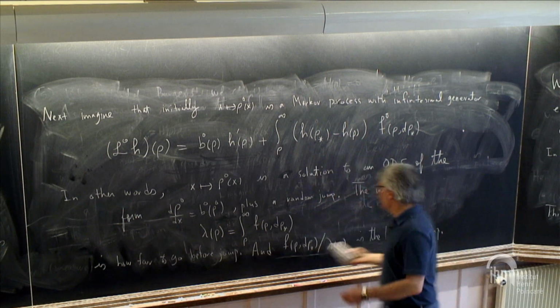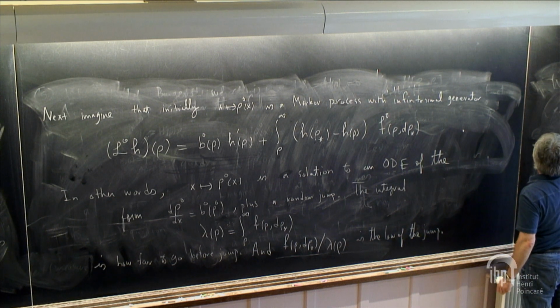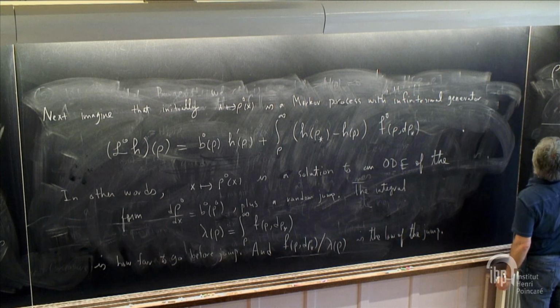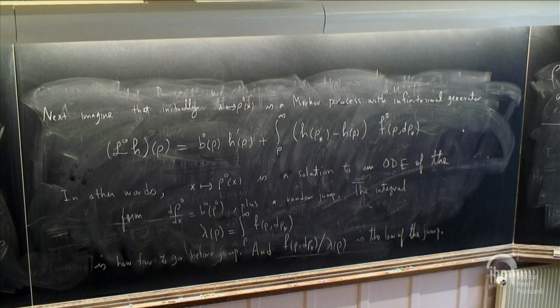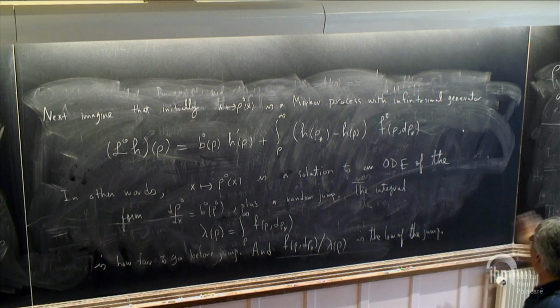So if we want to draw a picture, so this is rho 0. Let's start with some A. Basically, for the scalar conservation law, you may solve it with a boundary condition.